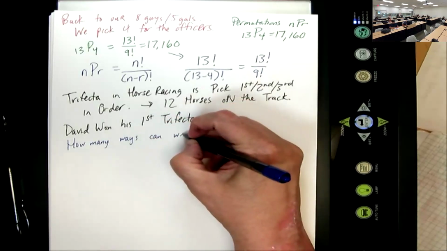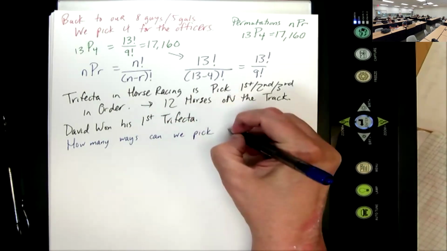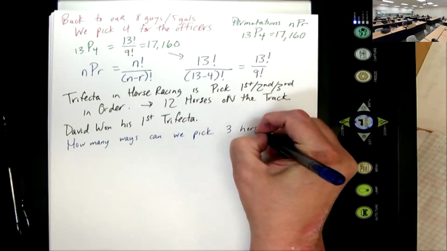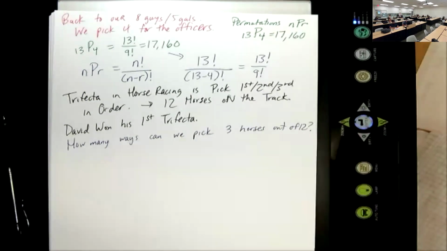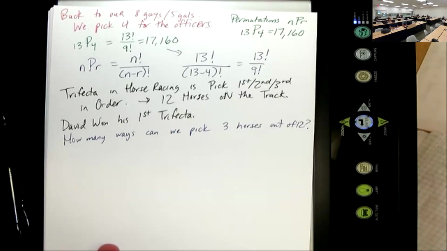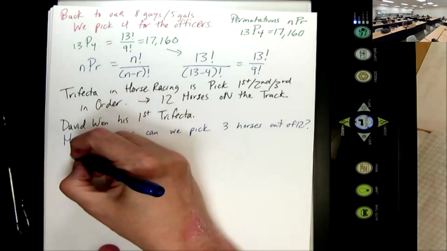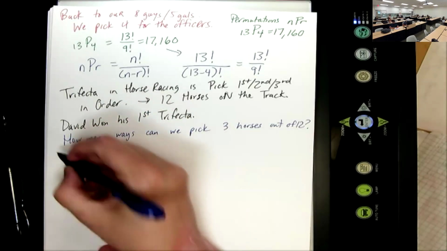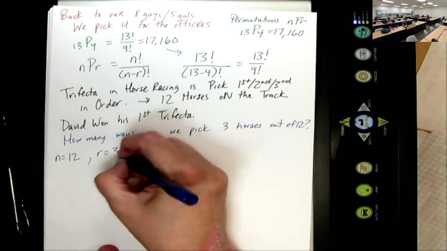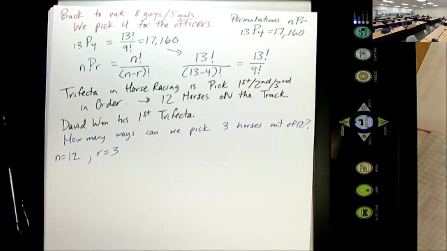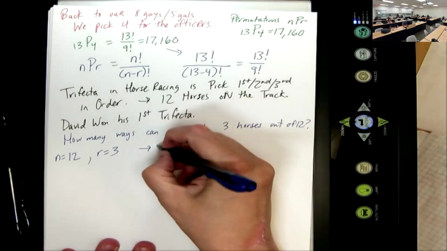How many ways can we pick 3 horses out of 12? We're choosing from 12, that's the total number of options. We're selecting 3 of the horses. Order matters, so we're doing 12P3.